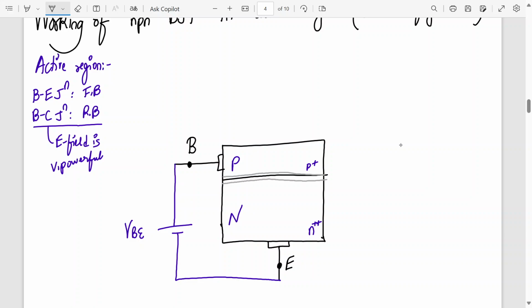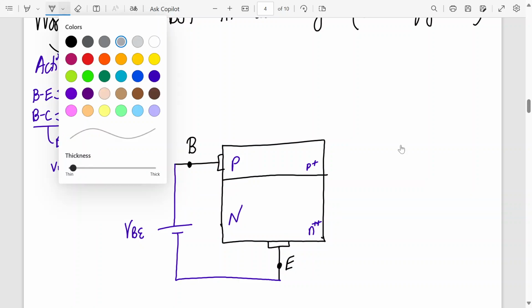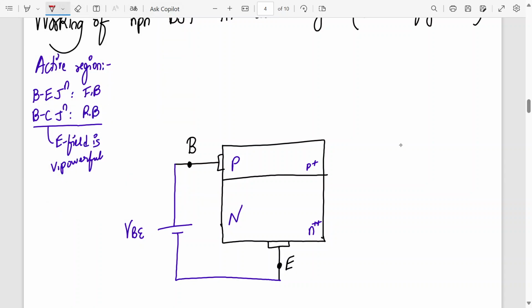What happens when we increase the forward bias voltage? What plan of action takes place? Can you tell me the sequence of operation? Number one, you apply VBE such that it makes the base emitter junction forward bias, and you now increase the value of VBE. What will happen?